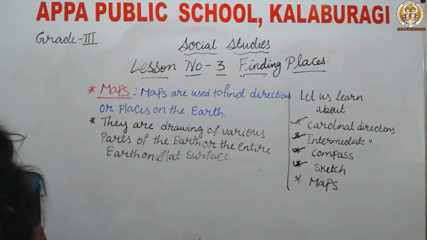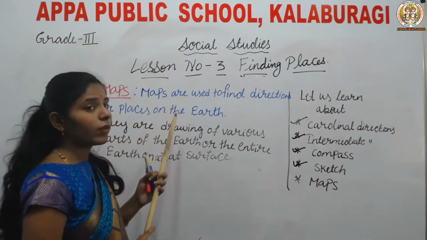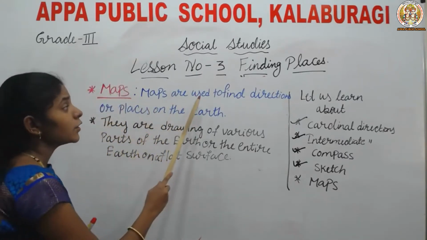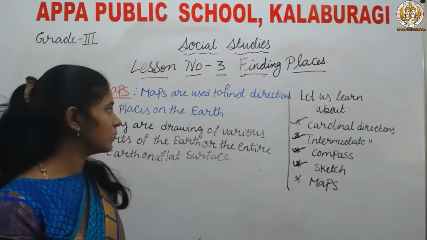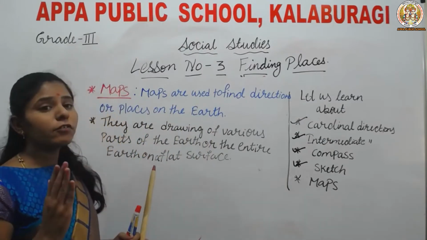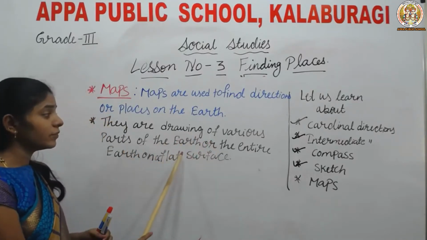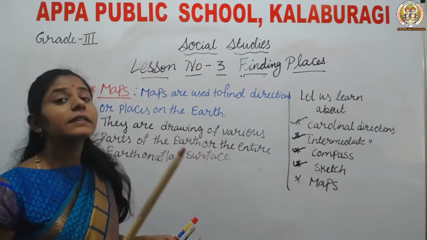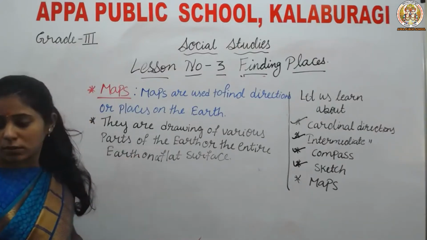See here, why do we use maps? To find direction. Maps are used to find direction or places on the earth. They are drawings of various parts of the earth or the entire earth on a flat surface.